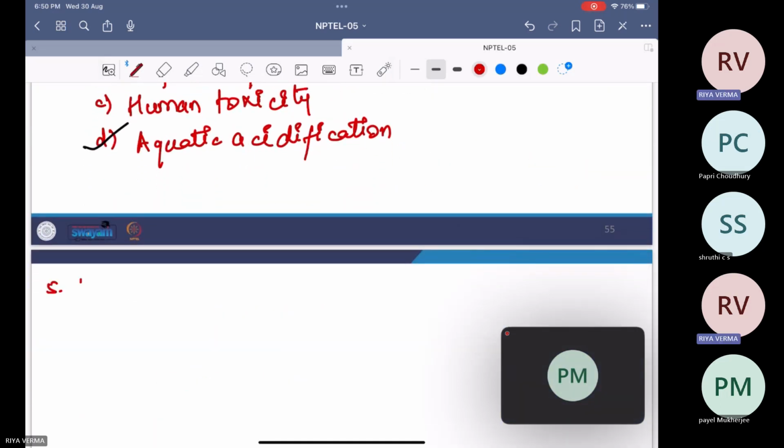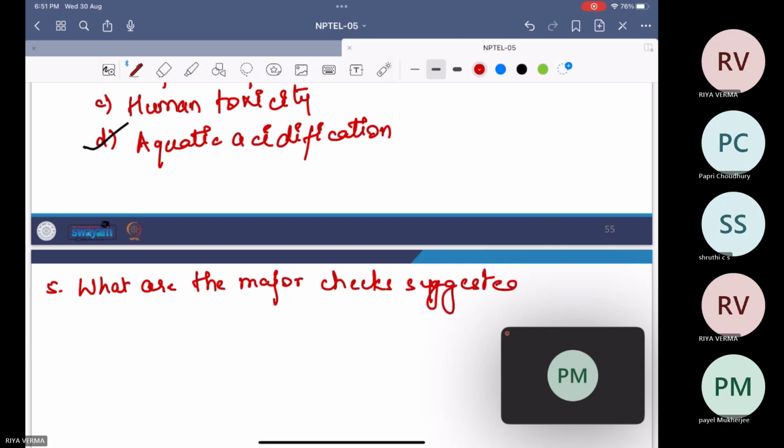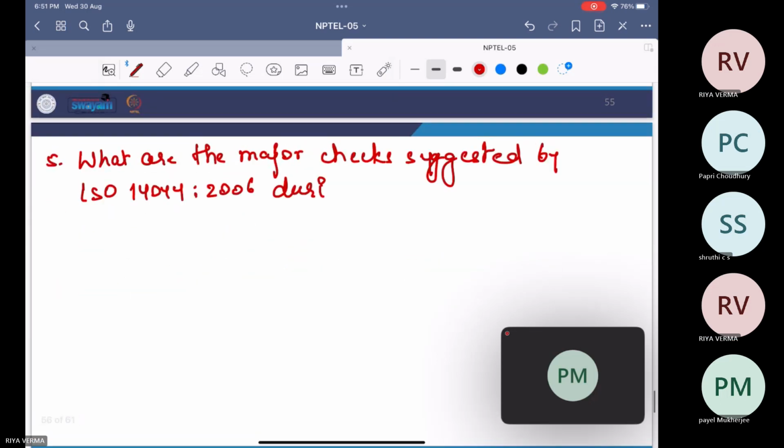For the fifth question, we have: what are the major checks suggested by ISO 14044:2006 during the evaluation step of interpretation procedure?